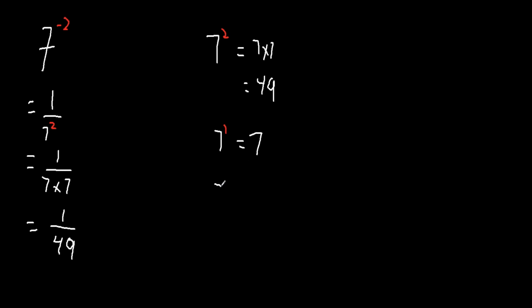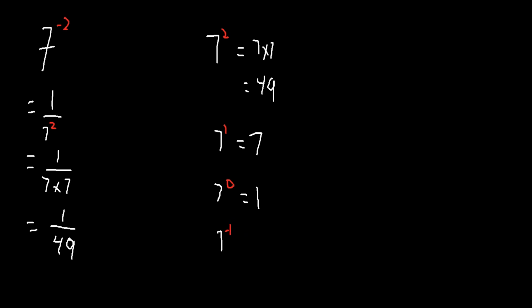And then if we have 7 to the 0, like we just learned, it's always going to be 1. So that's our pattern with our positive exponents. Now if we move to our negative exponents, that's 7 to the negative 2. Sorry, 7 to the negative 1 first.